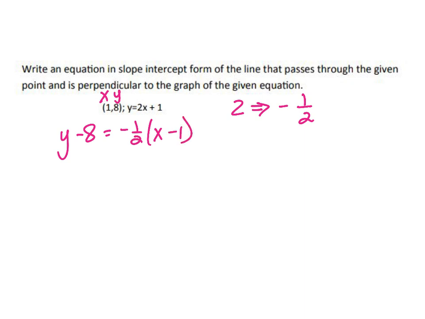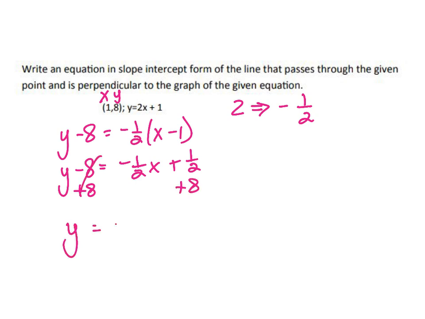Now I'm going to simplify by getting y by itself. So y minus 8 equals negative 1/2 x plus 1/2. Now I'm going to add 8. So now I have y equals negative 1/2 x plus 8.5, which ends up being 17 over 2, I believe. So 8 times 2 is 16 plus 1 more is 17.